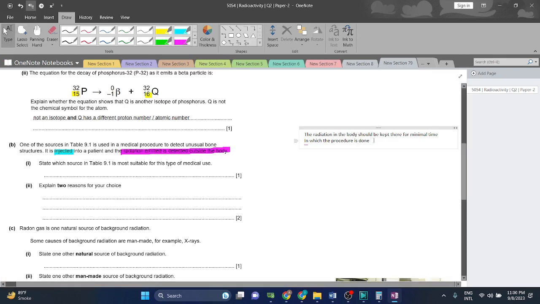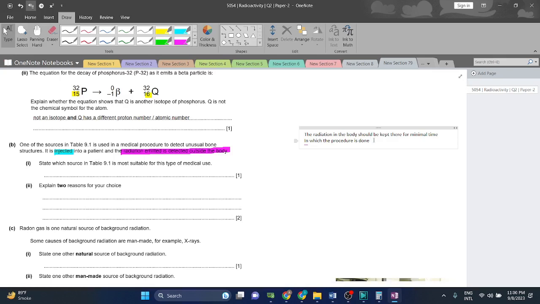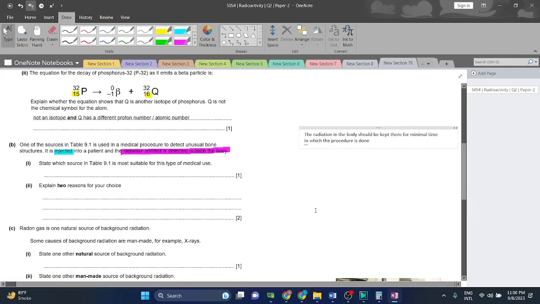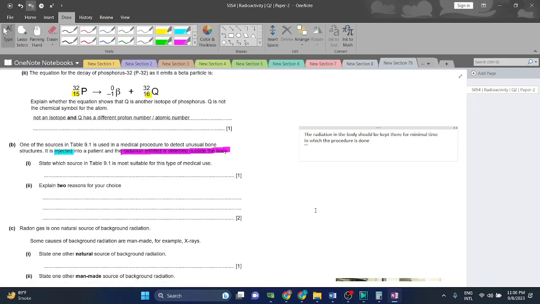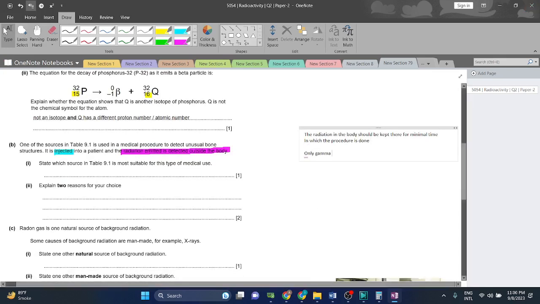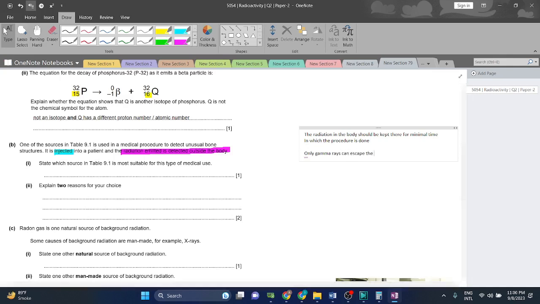The penetration of only gamma rays is enough. सिर्फ gamma rays में इतनी penetration होती है कि that can escape the body, right? Only gamma rays can escape the body slash flesh as we can say.